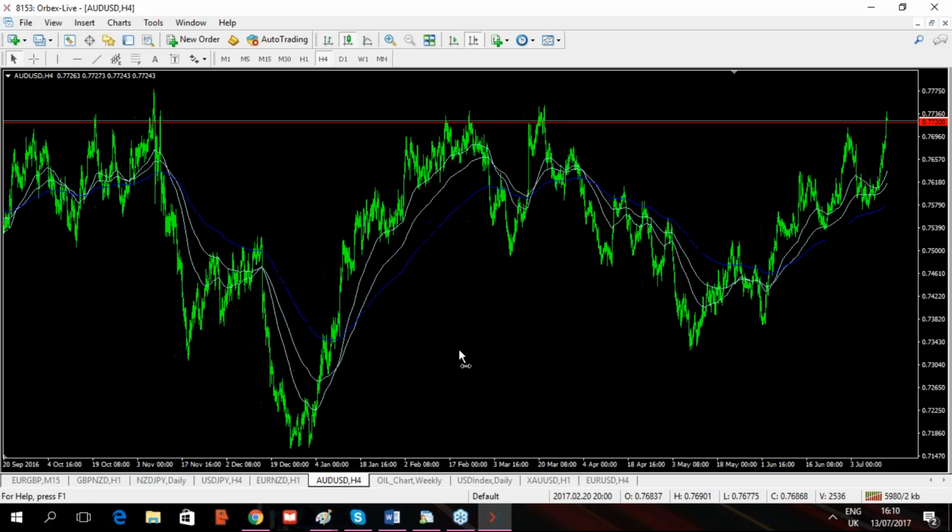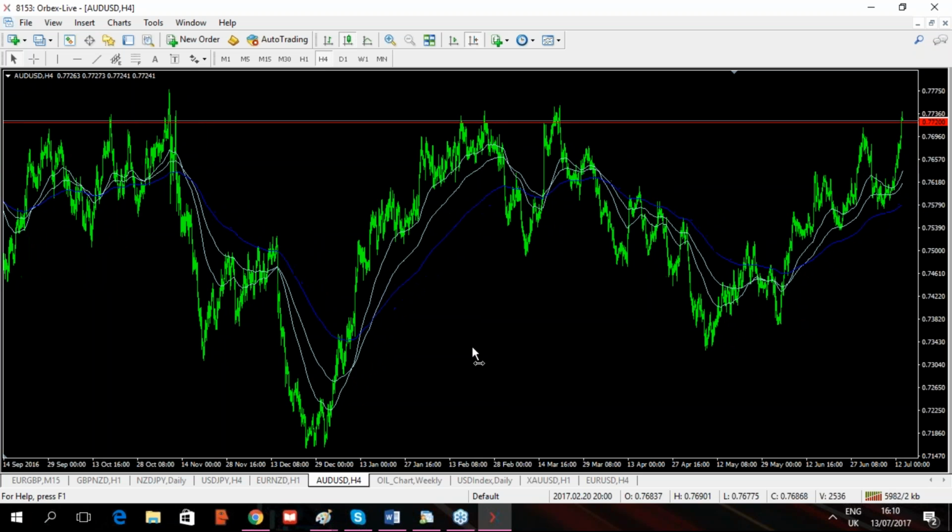When we look at it from a big picture like this, we have the current price here, and the trend is on the upside. But has it got challenges from previous movement? As you can see from where prices are at the moment, there is loads of previous resistance very close to the current price.